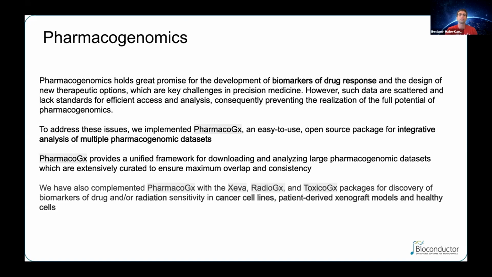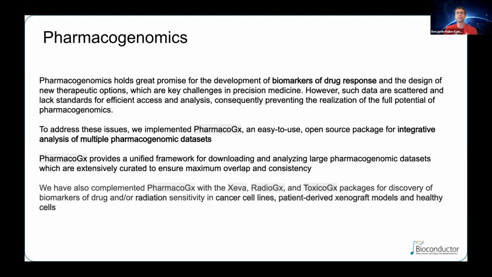So we developed PharmacoGx, and I'll quickly present PharmacoGx as our main platform to really implement the curation in a very transparent and reproducible way. So you don't have to do all the curation we spent years doing yourself.